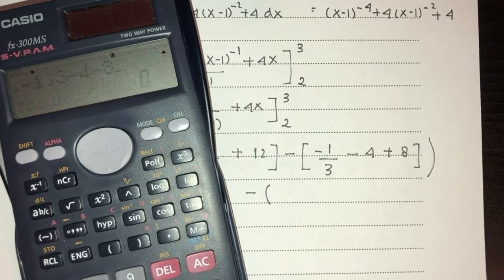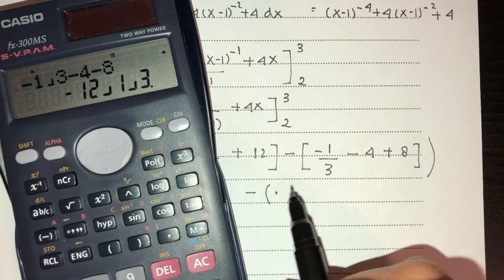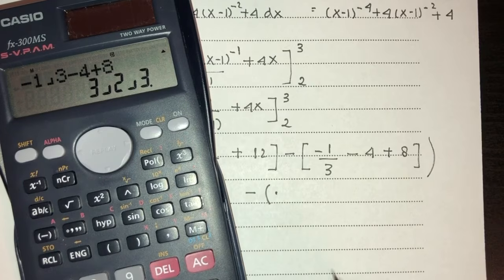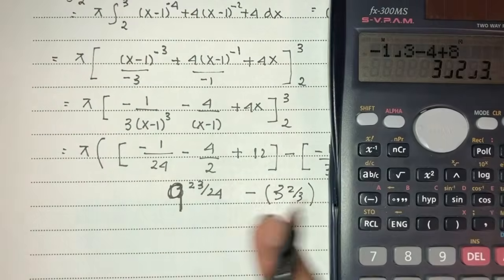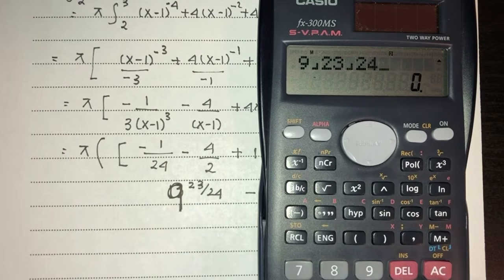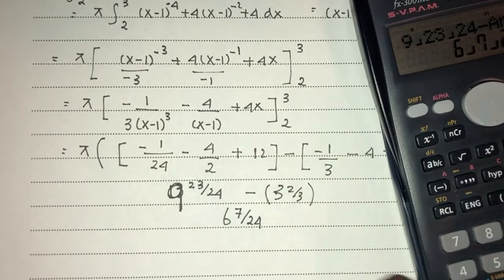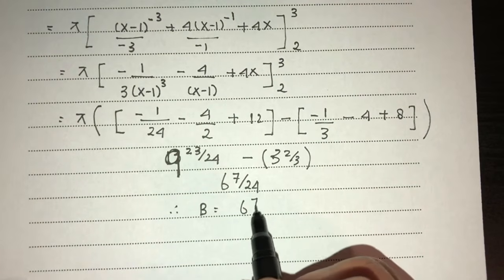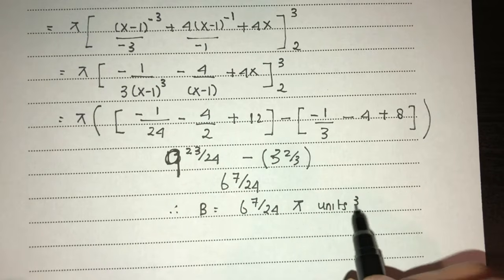Okay, so minus 1 over 3 minus 4 plus 8, that should be 3 2 over 3. Now this minus this should give you what? 9 23 over 24 minus that answer, that should be 6 7 over 24. So finally, your value of B will be 6 7 over 24 pi units cubed.